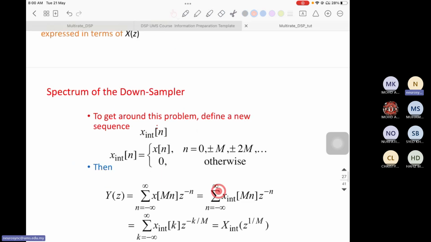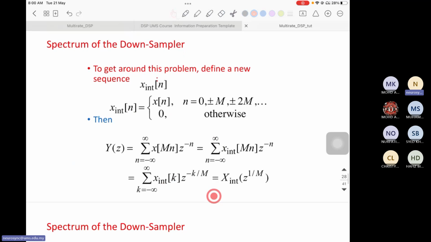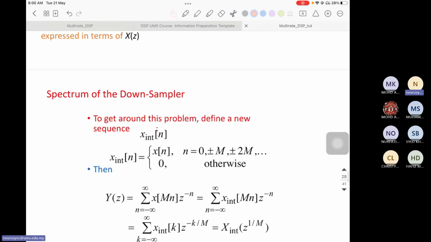In this case, we will write a new sequence.